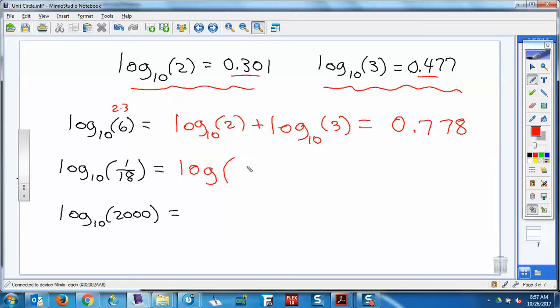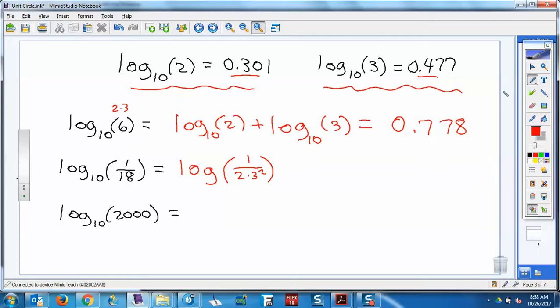Oh, okay, I hadn't thought of it that way. So then you could just go, now that's on the bottom, so that's 1 over... I was going to write it 3 squared. Let's do that, but we can do 3 times 3, that's fine. Okay? Now what do you do with that?